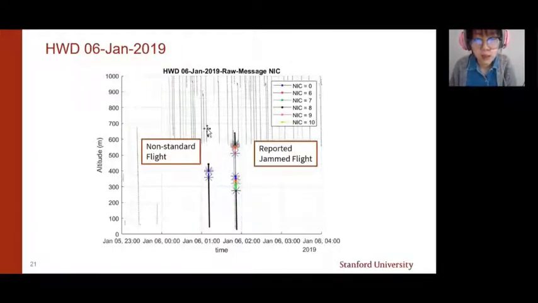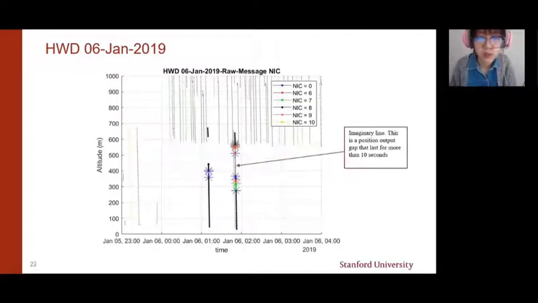And on the left-hand side, we didn't receive any reports, but it doesn't behave like what we saw for normal flights. Therefore, we treat this type of flight as a non-standard flight, which we also need to pay attention to. But so far, let's take a look at the right-hand side, because that one is one of the reported flights. Let's see what kind of characteristics we could identify.